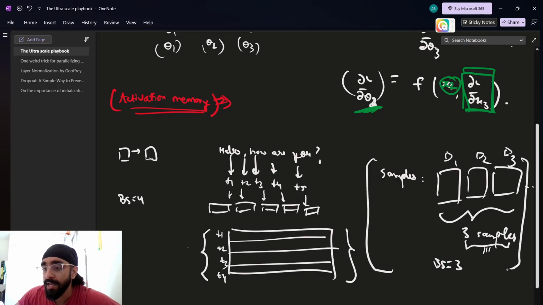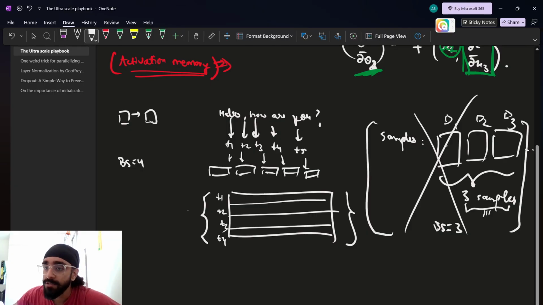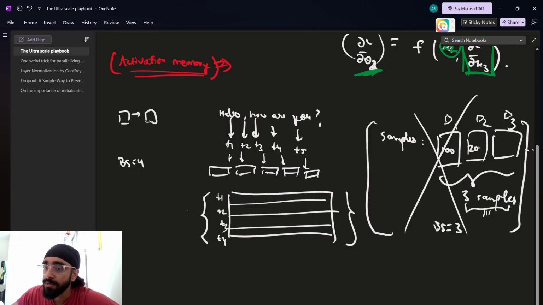And they're saying that in LLM training, this is not the convention. The convention is that irrespective of how many documents we have, we don't consider the metric of how many documents we have in a single batch. We consider the metric of how many tokens we'll have in a single batch. So for example, this document has 100 tokens, this has 200 tokens, this has 300 tokens.